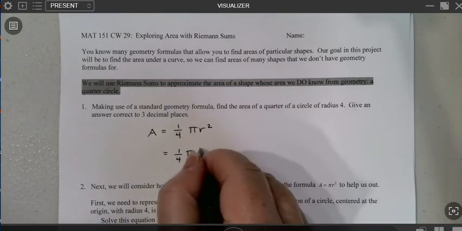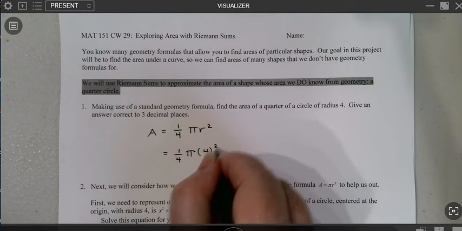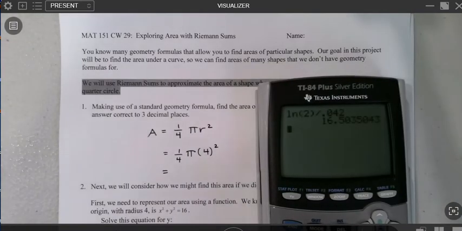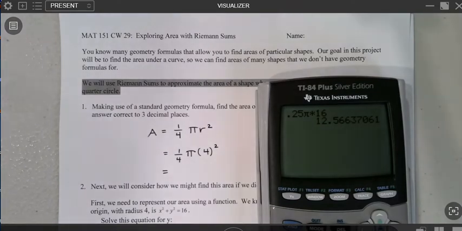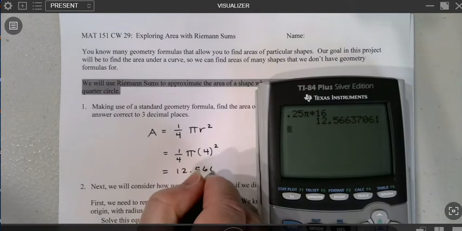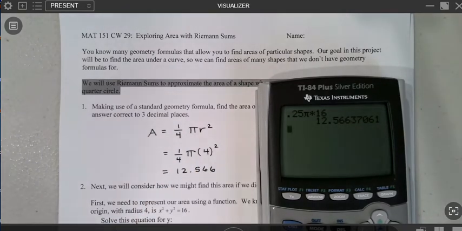And if I plug in 4 for my radius, I've got about 12.566 as the area of my quarter circle.